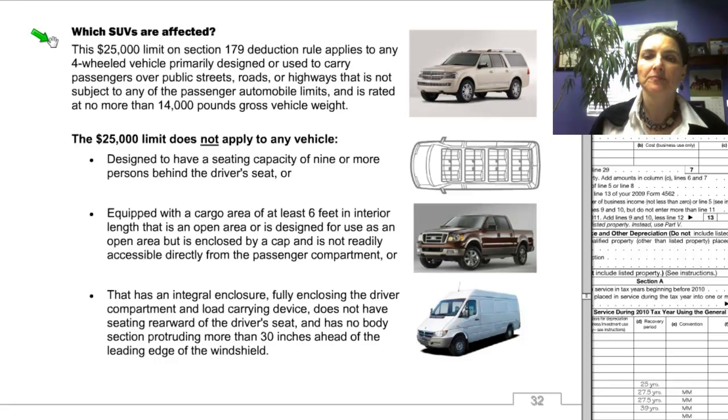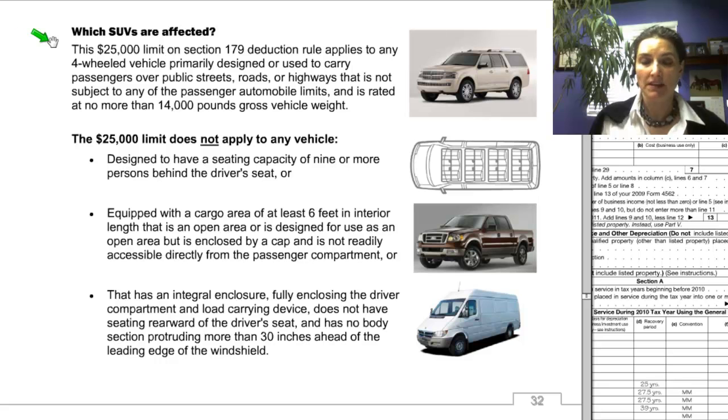So essentially, the IRS has not created a situation where an SUV that weighs more than 6,000 pounds is considered to be a passenger automobile weighing less than 6,000 pounds. That's not what's happening. The vehicle limits that apply to passenger cars weighing under 6,000 pounds are a completely separate issue, and they affect the total amount of depreciation allowed on a vehicle weighing less than 6,000 pounds to the limit shown for the year.